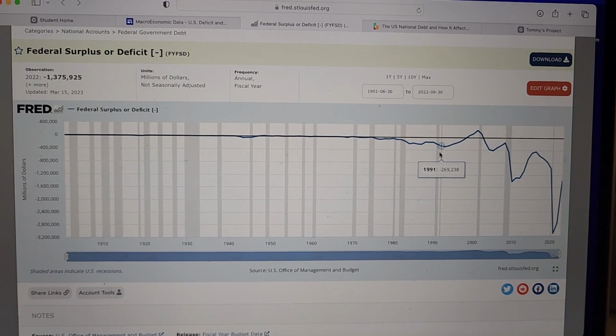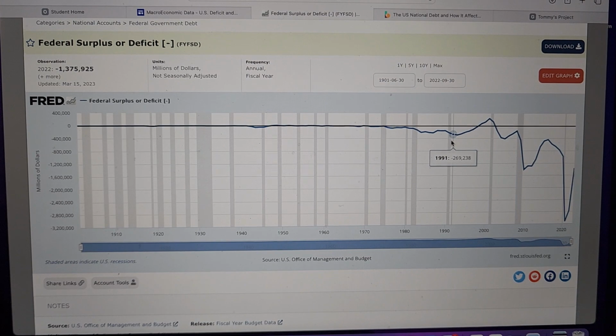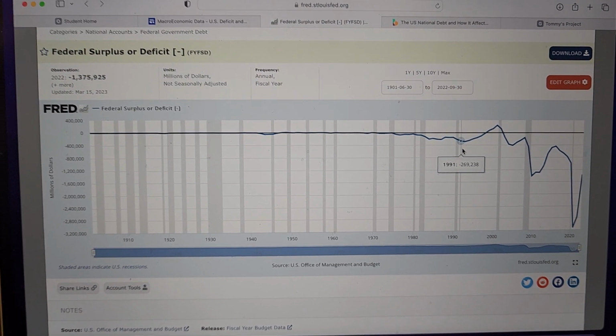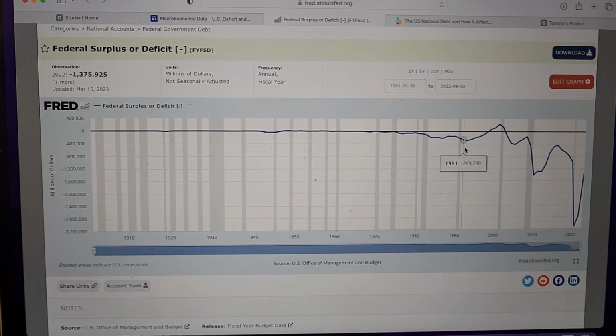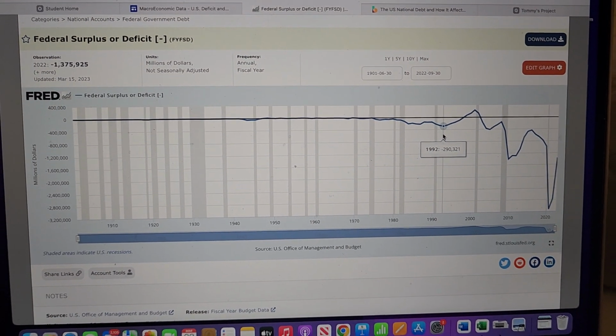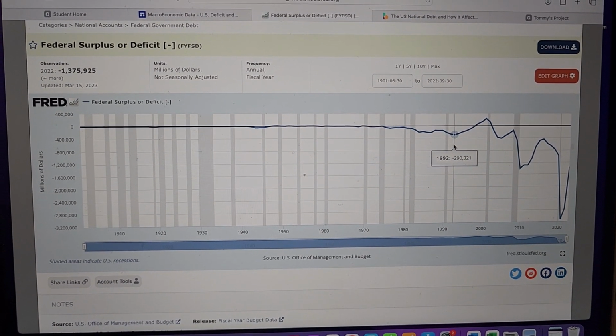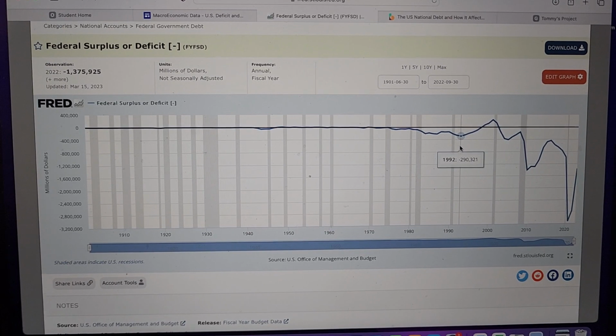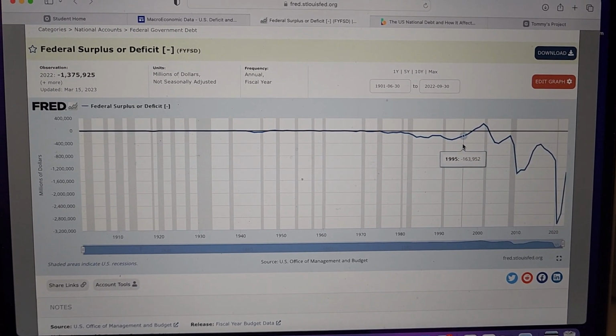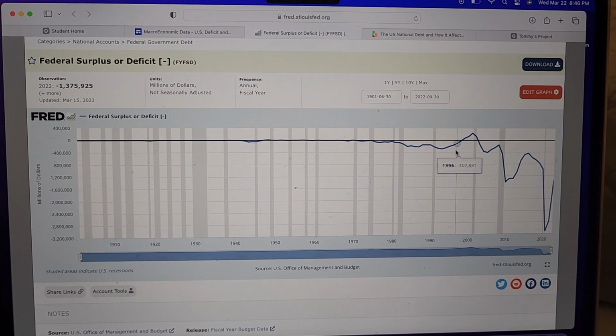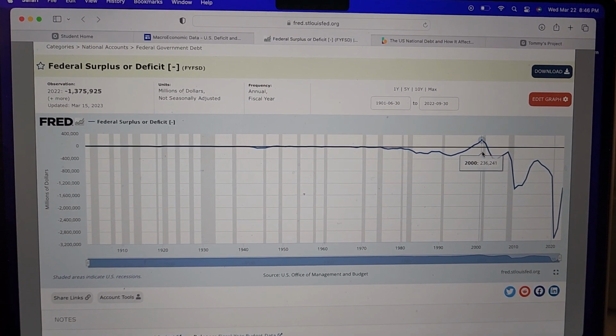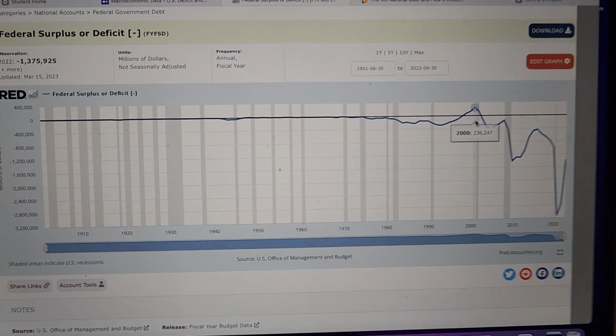We see immediately following recessions, there's an incline in deficit spending. So here around 1992, it's negative 290,321. And then this great expansion occurs, and we reach our peak in the year 2000.